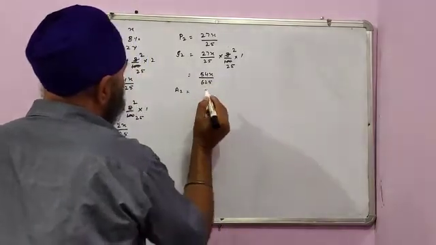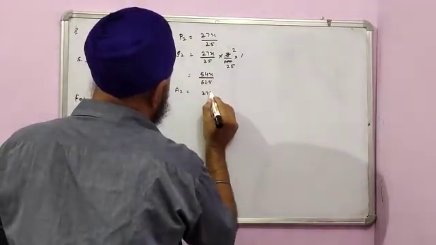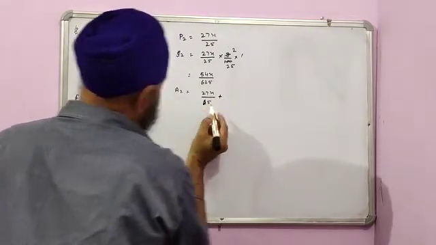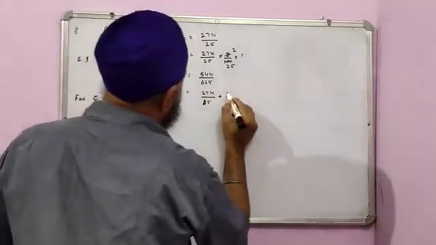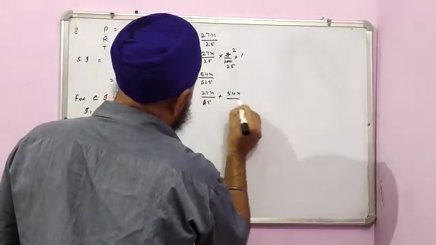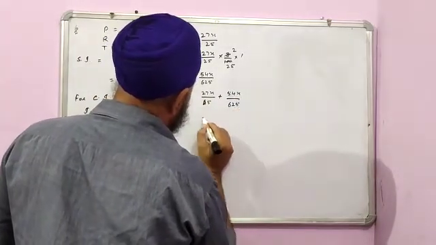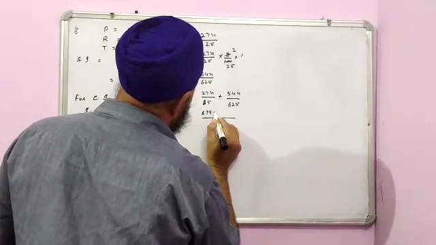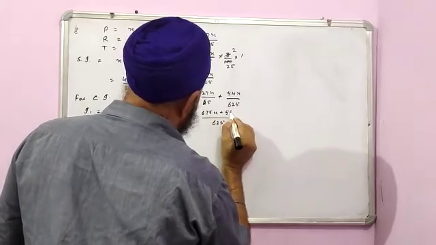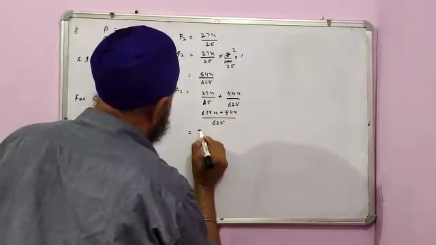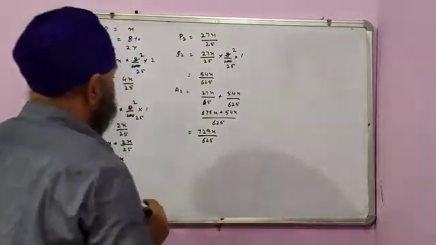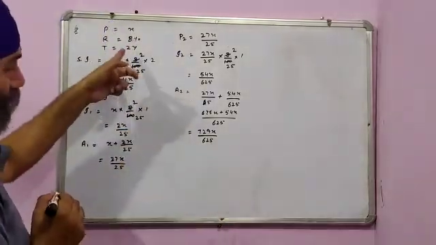Amount for 2 years is principal 27x upon 25 plus 54x upon 625. I take LCM. It is 729x upon 625. It is final amount after 2 years.